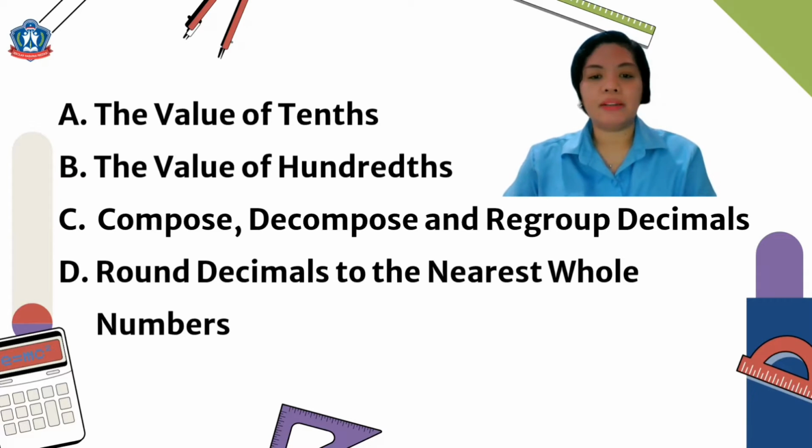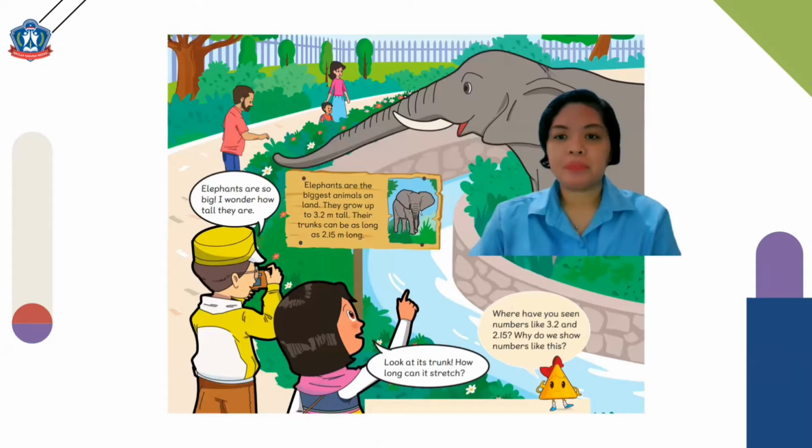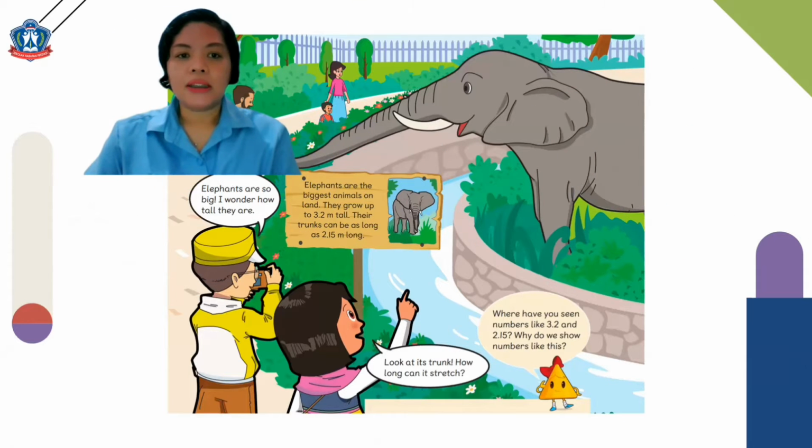Come on, let's start. I have here a picture. Take a look. Elephants are so big. I wonder how tall they are. Elephants are the biggest animals on the land. They grow up to 3.2 meters tall. Their trunks can be as long as 2.15 meters long. Look at this trunk.